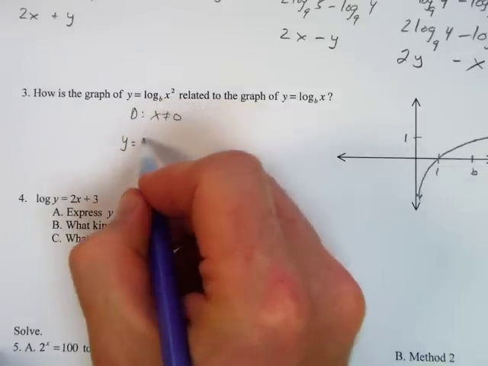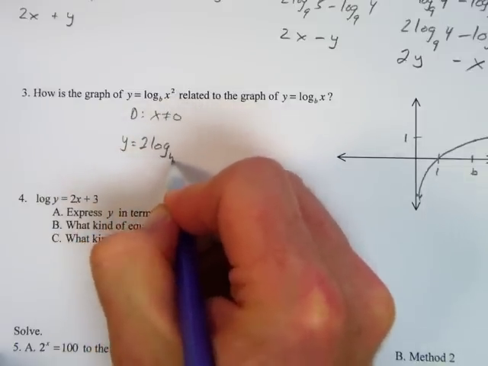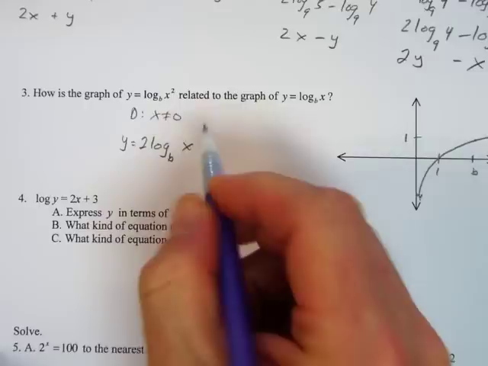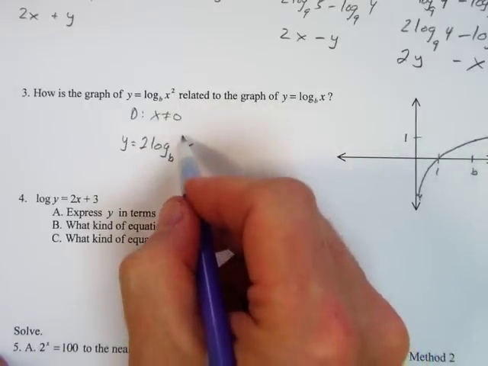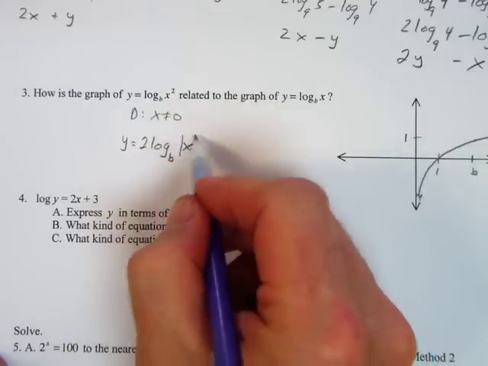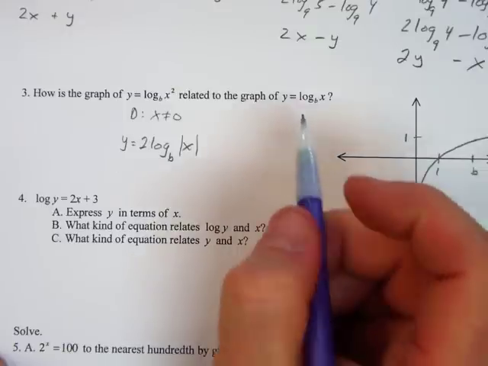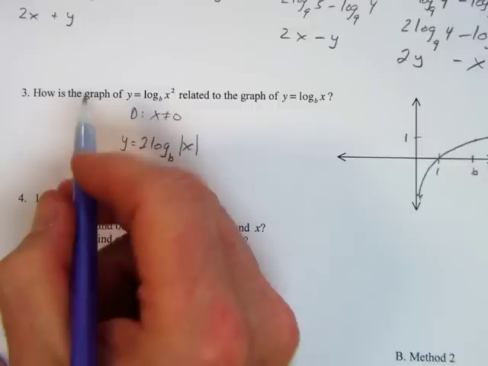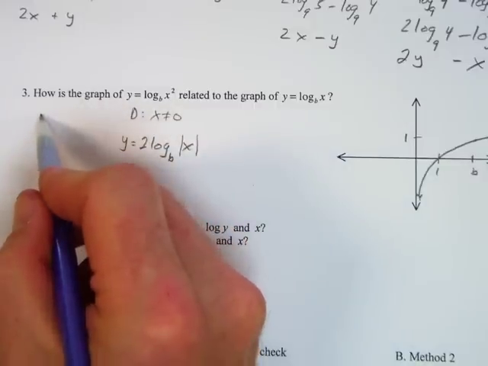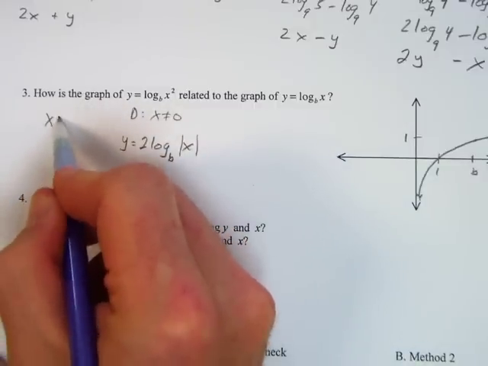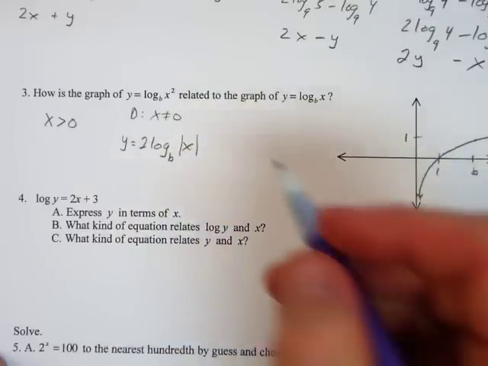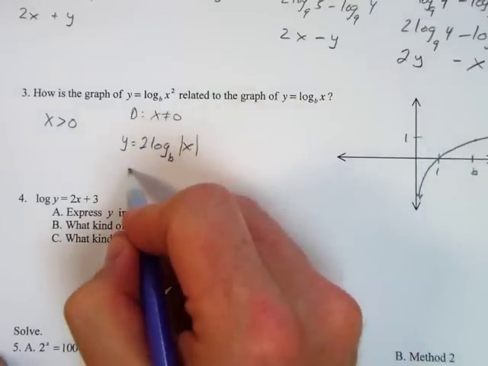But when I have that 2 there, I can bring the 2 out in front. But one of the things about this is technically I can still deal with this as an absolute value. Now what I want to do for this particular problem is deal with this only for x greater than 0. And then we don't need to worry about that absolute value.